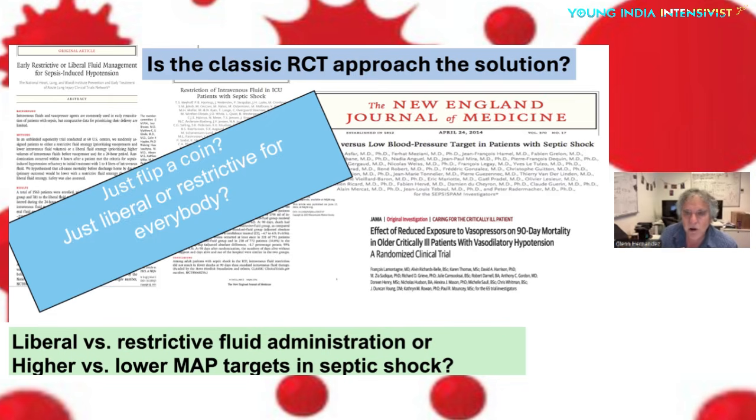I mean, just a coin without considering physiology. The same with high versus low MAP, etc. This is not the response we need in critical care.